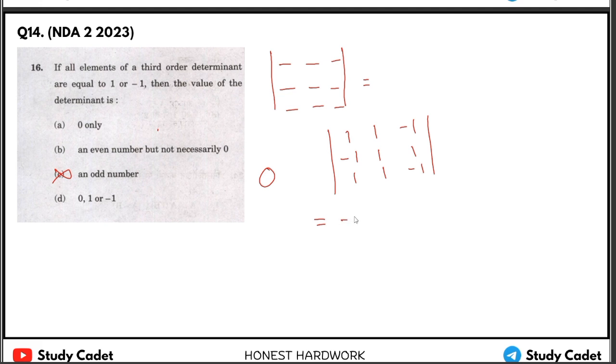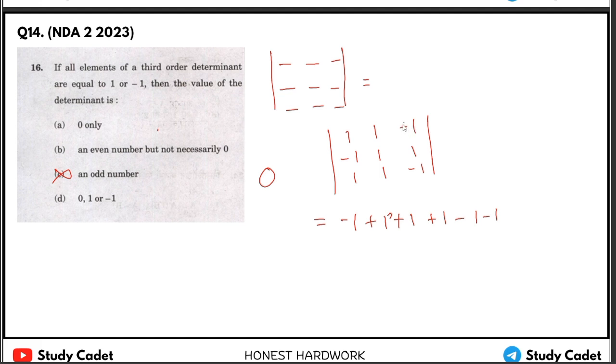It is minus 1, then plus 1, then minus 1 plus 1. Okay, it is coming 0.